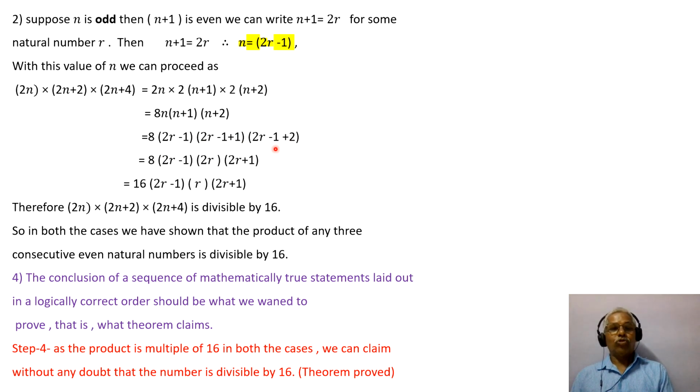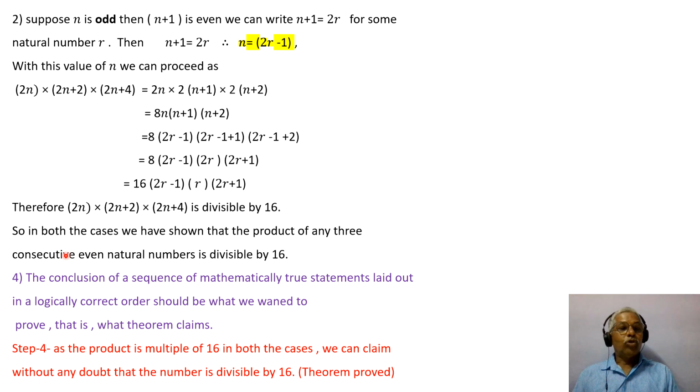After solving this, we get 8 into 2r into 2r plus 1, and the 2r minus 1 cancels. Taking it here, it will be 16 into r into 2r plus 1, so the product has 16 as a factor. Therefore 2n into 2n plus 2 into 2n plus 4 is divisible by 16.